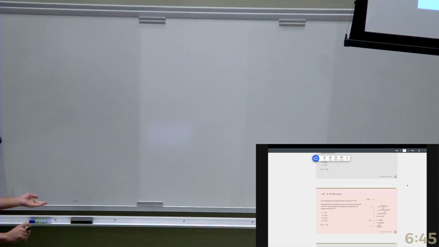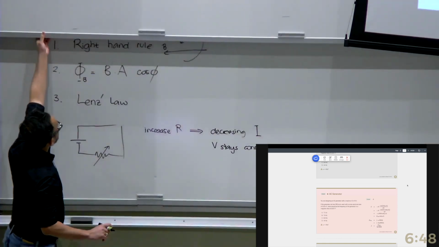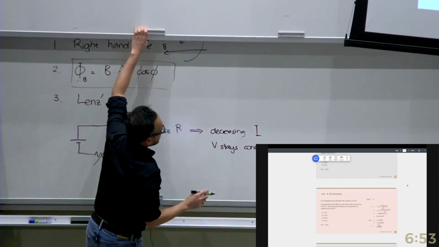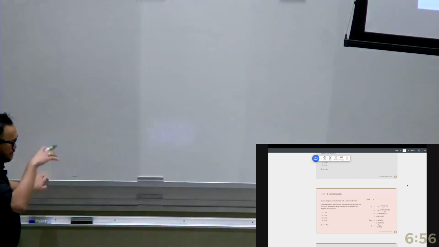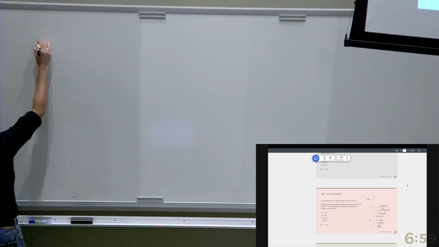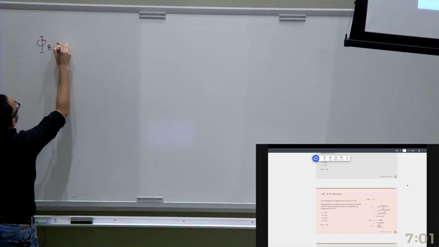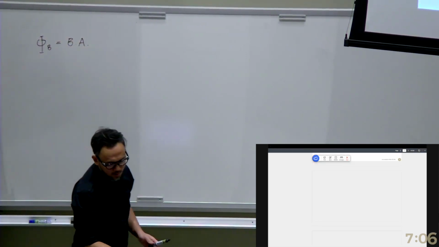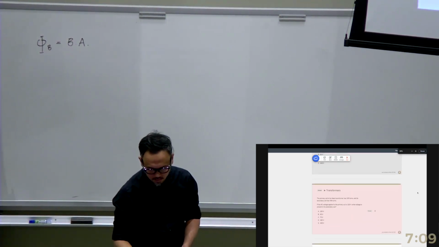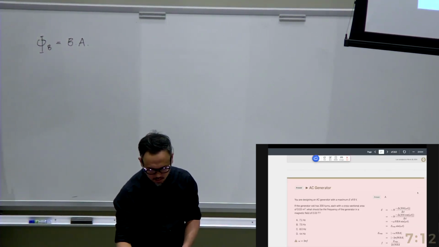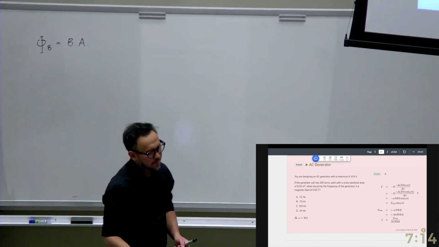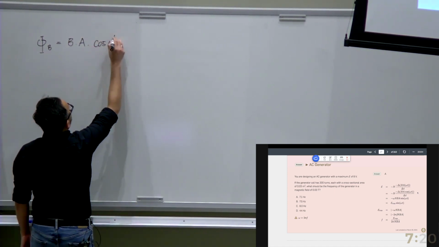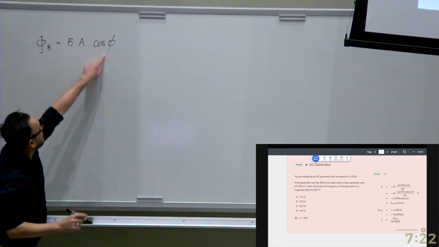So let's use this formula here. And let's take a step back. Let's have a broader view. So flux is equal to B times A times cosine phi, small phi, big phi.